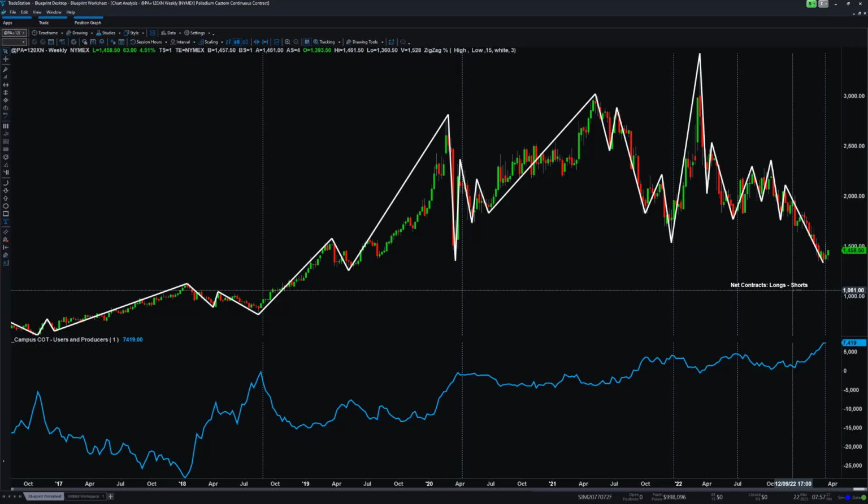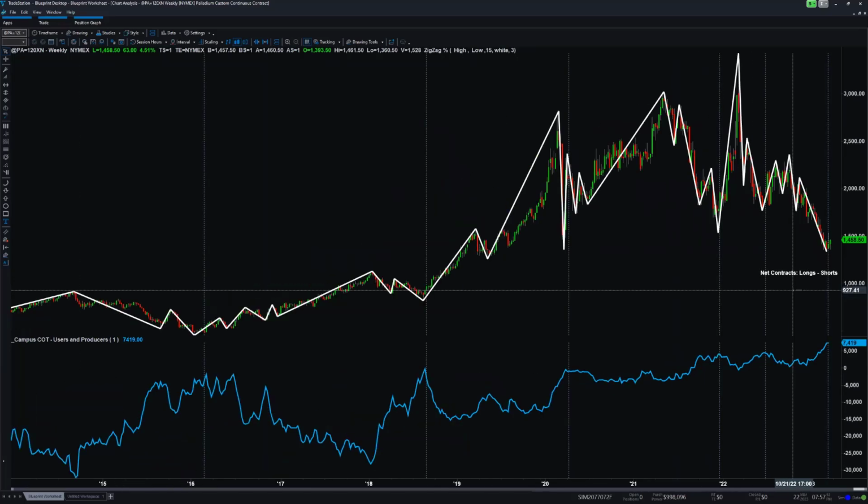And so Bash here is asking a very interesting question: can the data be manipulated to trick readers of the COT? Yes, just like any data, most data can be manipulated, right? They can get in and out of certain positions before and after they have to share this data with the CFTC.